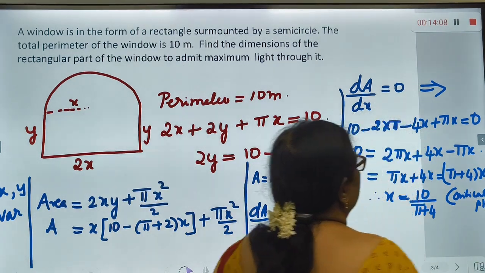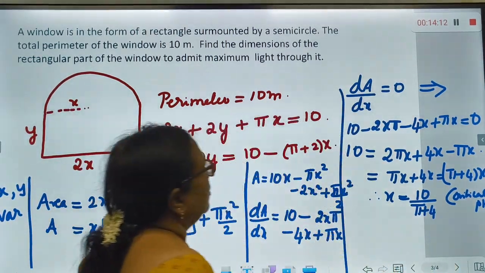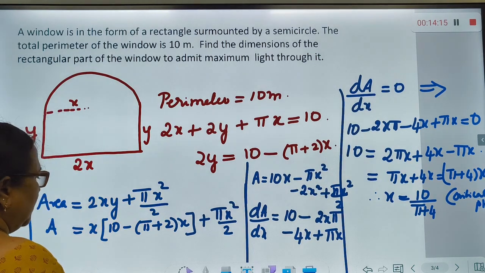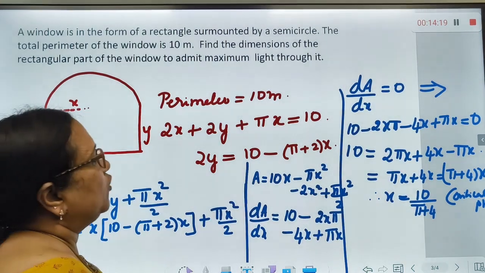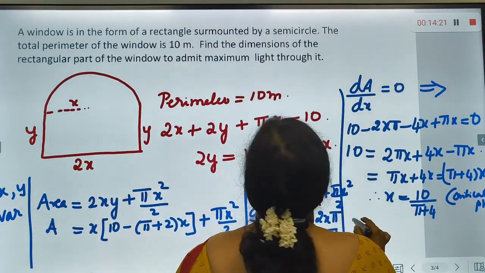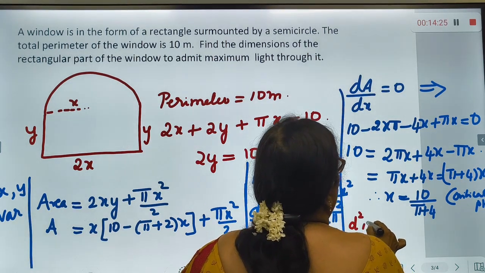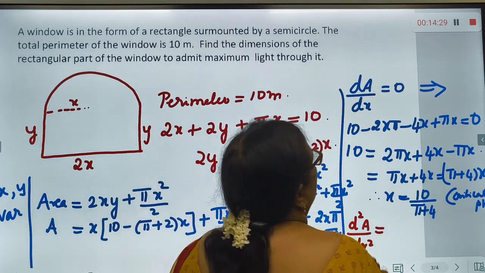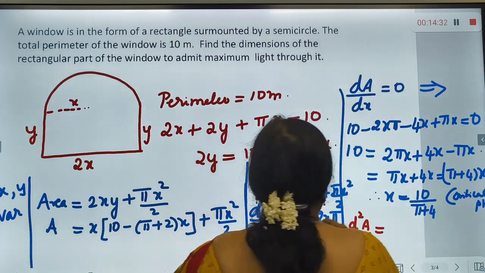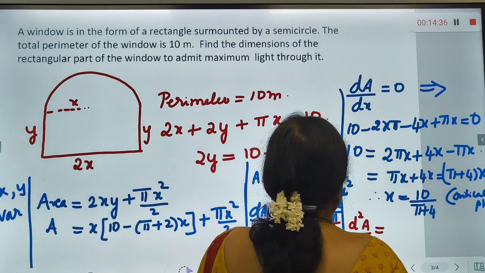So we claim that when x equal to 10 by pi plus 4, we will have maximum light. How will we justify? We have to do the second derivative also. So d square A by dx square will be equal to, differentiate this statement. Differential of 10 is 0.